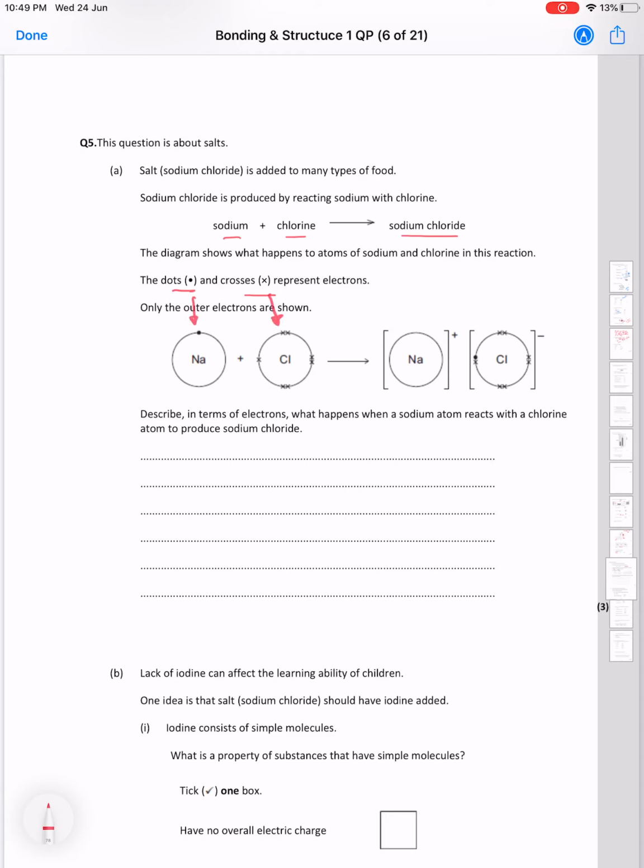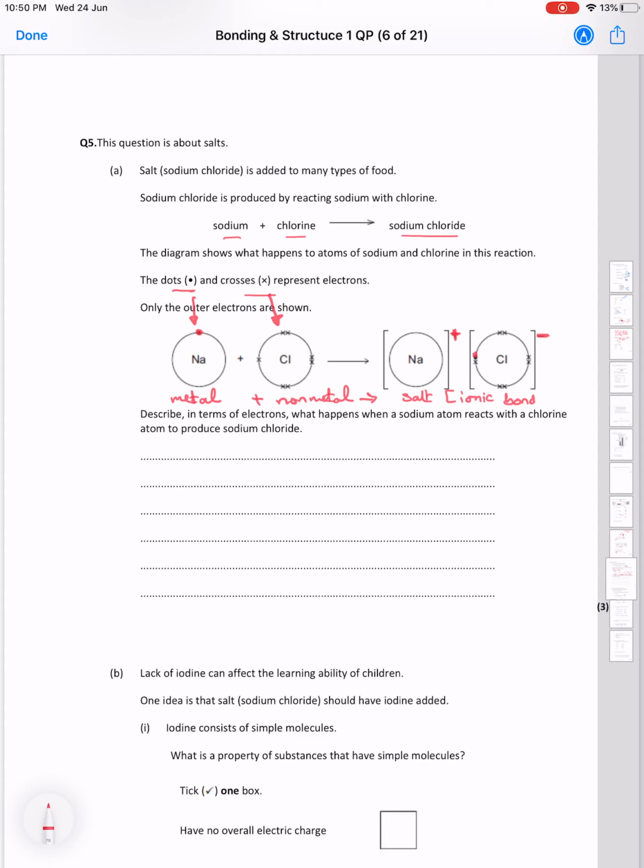The bond here is mostly ionic because there is an electron, which is this one here, that has been transferred to the chlorine, as you see. That's why I can see a positive charge over here on the sodium, since it will form a positive ion, and this negative charge over there on the chloride ion shows that there is an extra electron which has been transferred from the sodium.